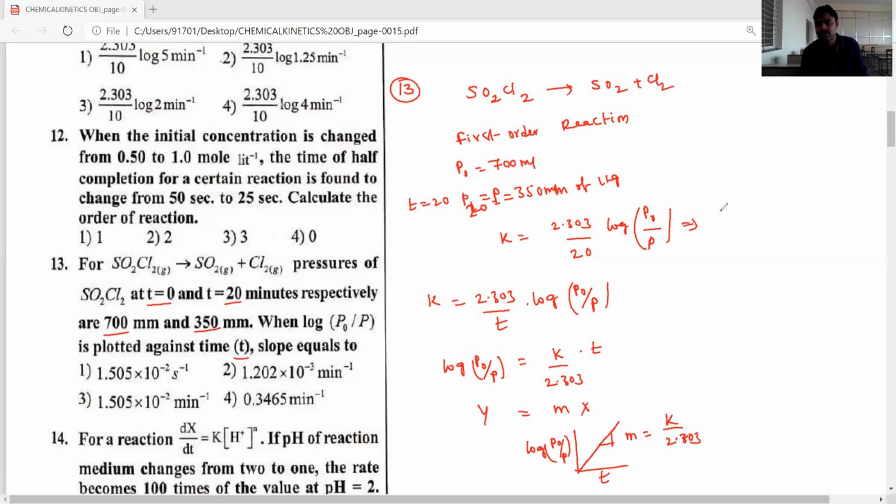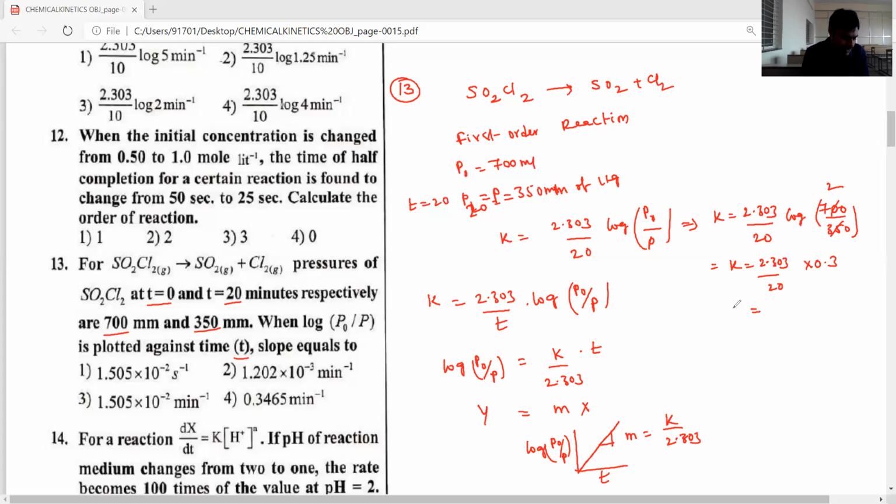So we have to find out the k value. Then k is equal to 2.303 by 20 into log of 700 by 350, which is nothing but 2, since it cancels 2 times. Then k is equal to 2.303 by 20 into log 2, and log 2 is 0.3.